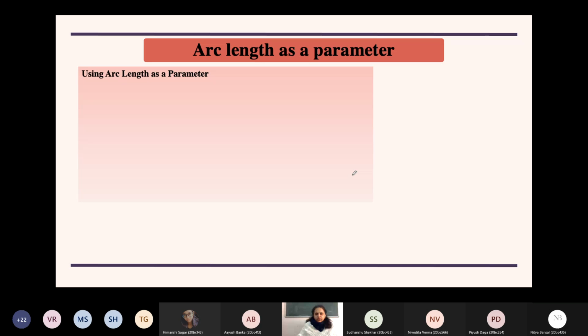Now we would change our parameter from whatever t is given to the arc length. We will use another variable for arc length, and we will then change the parameter from t to the arc length, for which the symbol we use is s. So that is what we are going to see, how to change the parameter for the same curve.